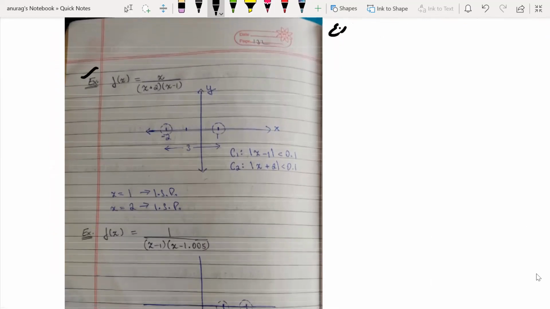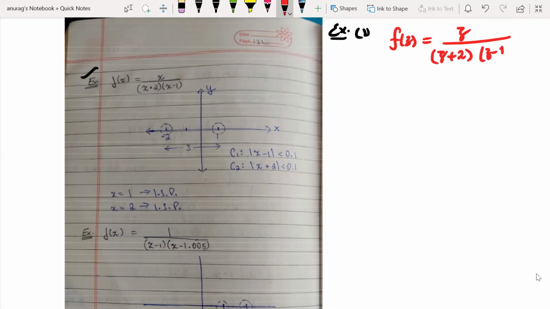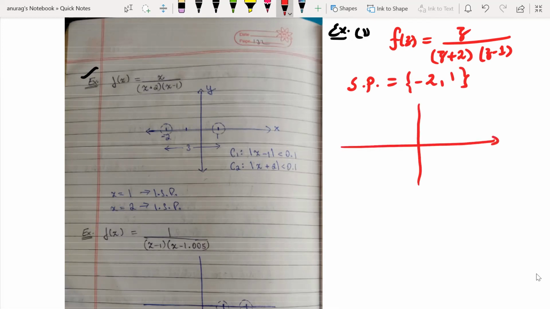So the first example I'm going to discuss here. f(z) equal to z over (z plus 2)(z minus 1). Can you tell me what the singular points are? The singular points are minus 2 and 1. Now our aim is to check which type of singular points these are. So for this we draw the neighborhood of these points. First is 1.